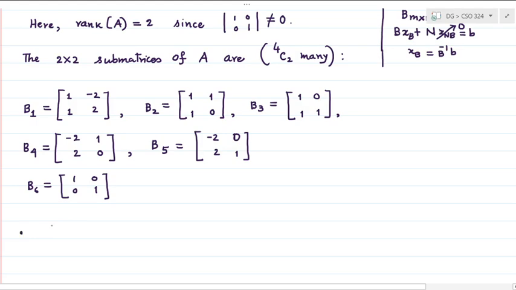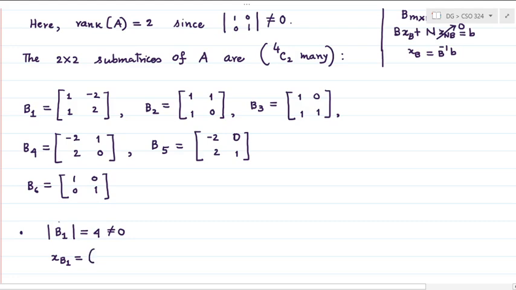So let us start with B1, and the determinant of B1 is how much? We are checking for non-singularity. It is 2 plus 2, which is 4, non-zero. Once it is non-singular, we go for finding the basic solution corresponding to B1. How do we find the basic solution? We first construct the variable vector xB1 corresponding to B1.